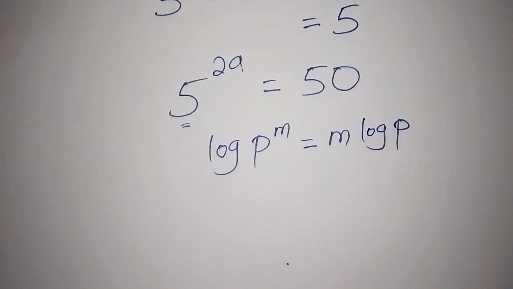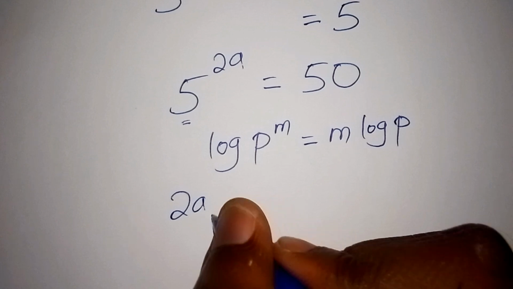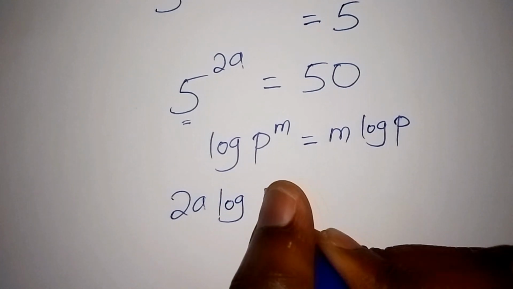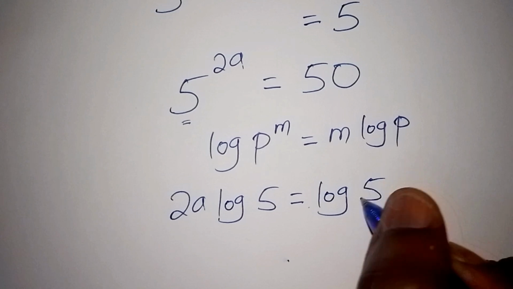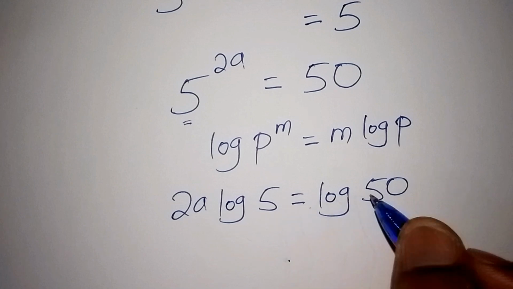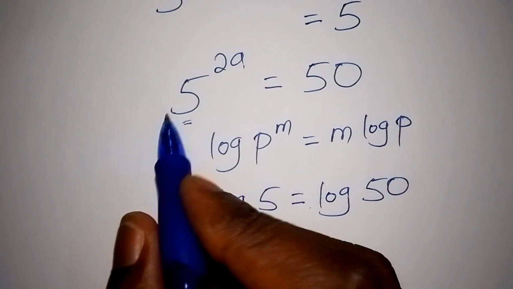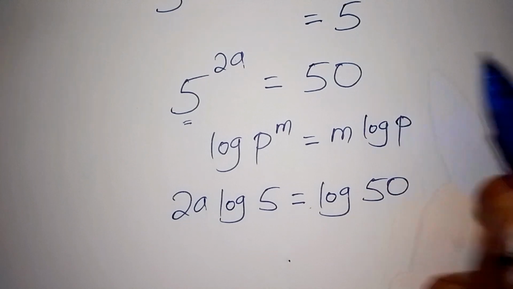So in this case we shall have 2a log 5 is equal to the log of 50. Meaning that you have worked it out by introducing the log on both sides. So we've introduced the log of 5 to the power of 2a is equal to the log of 50.